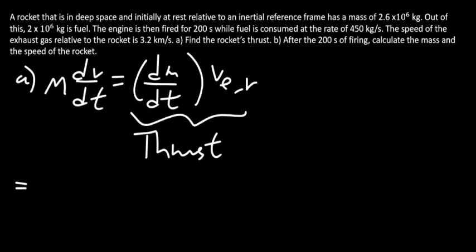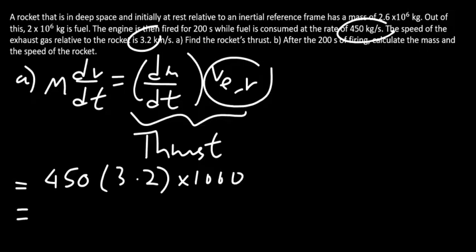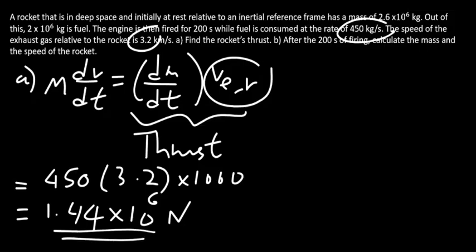So you see that dm/dt is quite simply the fuel consumption rate, and we are given that number to be 450 kg per second. And this is the speed of the exhaust gas relative to the rocket, which we know to be 3.2 kilometers per second. So kilometers turn into meters per second, you just multiply that by 1,000. So the answer that you'll get is 1.44 times 10 to the power 6 newtons. So that is the thrust.